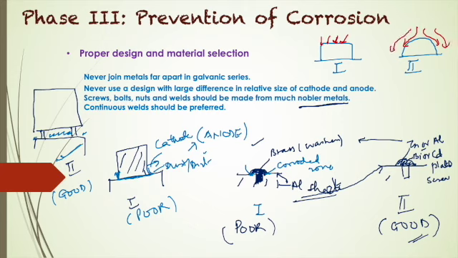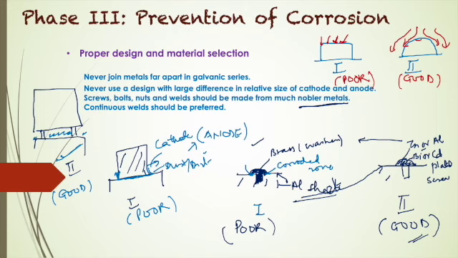Okay, so here water retention is minimum, so this will be my good choice as compared to option number one, which will be my poor choice. Okay, so this is with respect to making a design in which the retention of moisture is minimum. So we should make such kinds of designs.